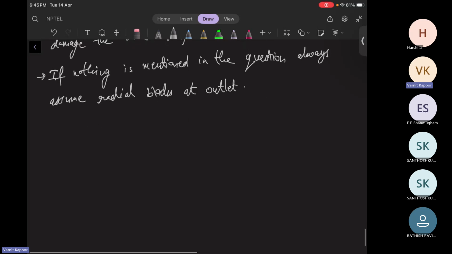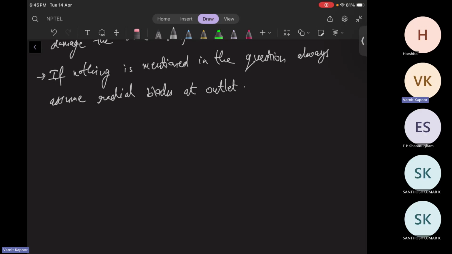Okay. So backward curved vanes have the vane angle phi less than 90 degrees at the outlet. The forward one has the blade angle phi greater than 90 degrees, whereas a radial blade has a blade angle at the outlet phi equal to 90 degrees.